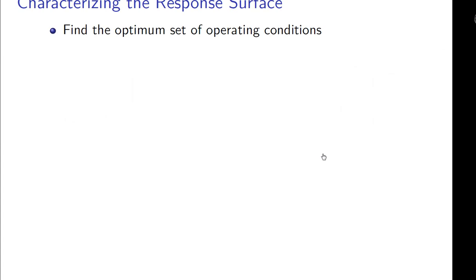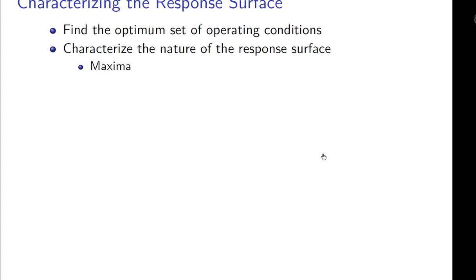So you want to find the optimum, again, for this set of operating conditions for the factors, and characterize the nature of the response surface, and that's again done by estimating the coefficients, and that'll lead you to either the maximum or the minimum.